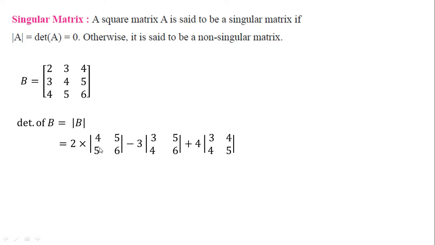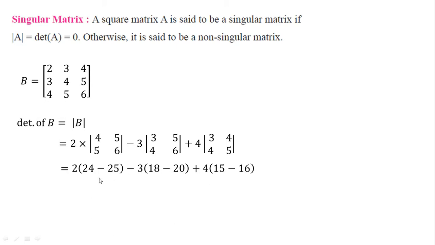See carefully, this is a very important step. After that, see this calculation. So 2 as it is, 4 into 6 is 24, minus 25, minus 3 as it is, 6 into 3 is 18, minus 5 into 4 is 20, plus 4 as it is, 3 into 5 is 15, minus 16.